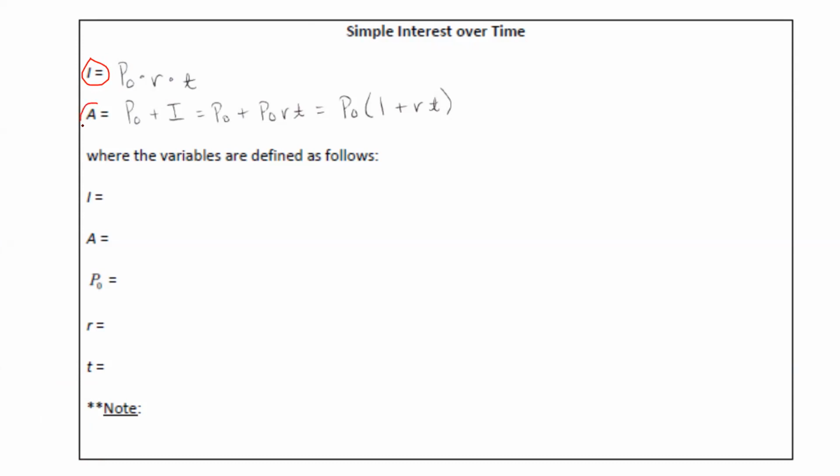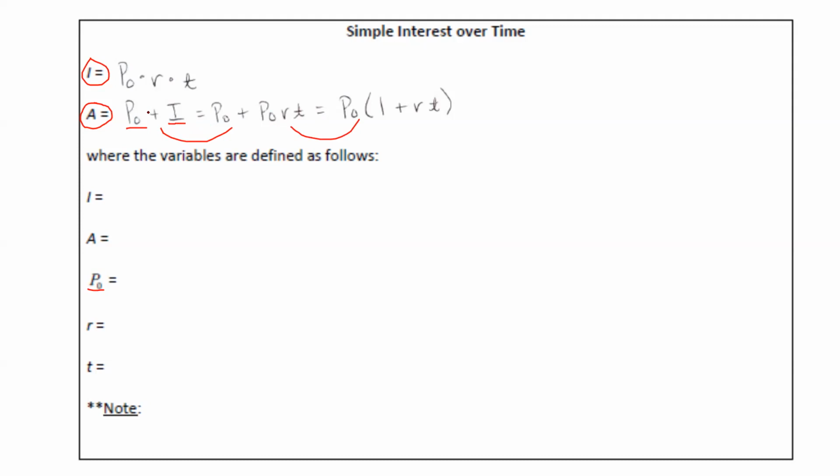A is a different beast altogether. What A is, it's how much money is in the account. So we take how much we started with, which we'll define here, and then we add the interest to it, okay? These three little equations, believe it or not, they're all exactly the same thing.